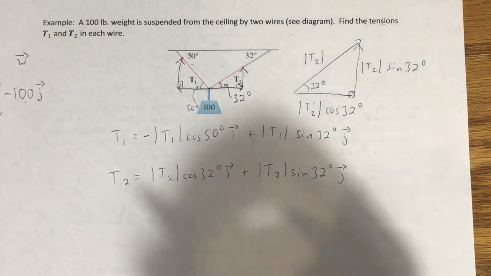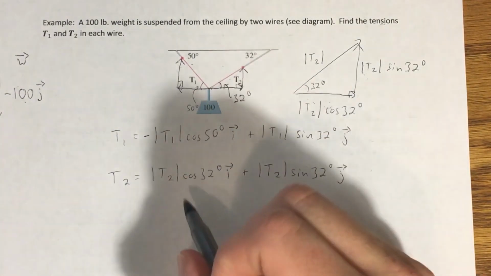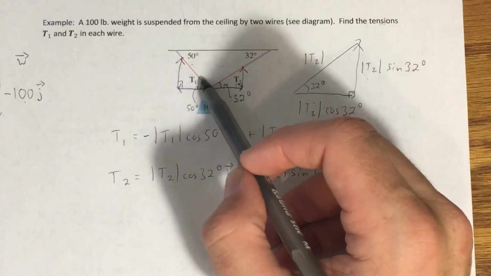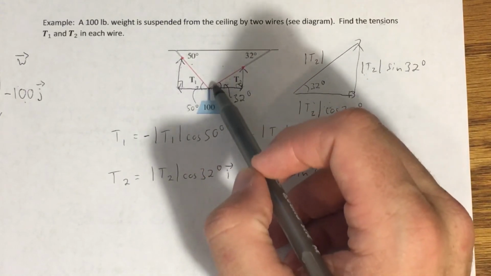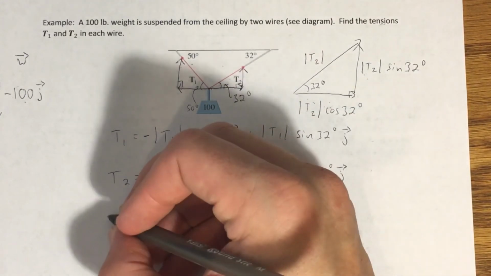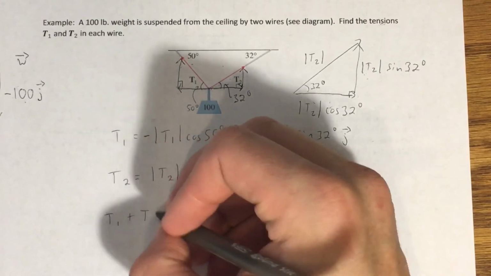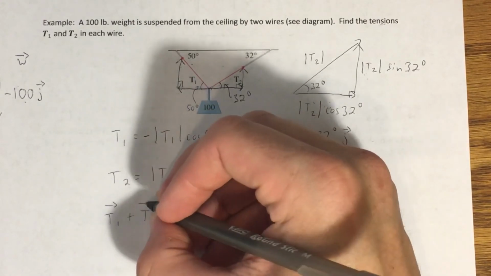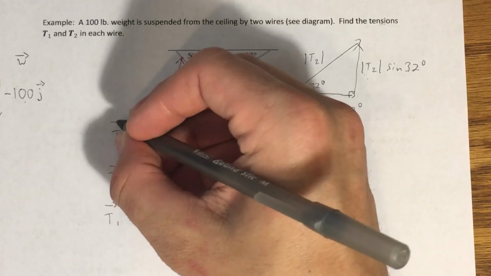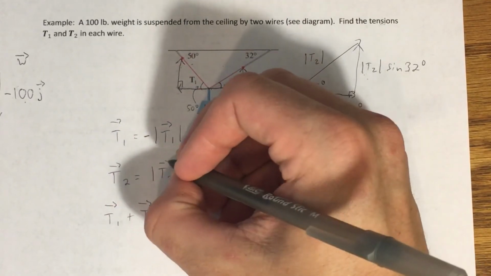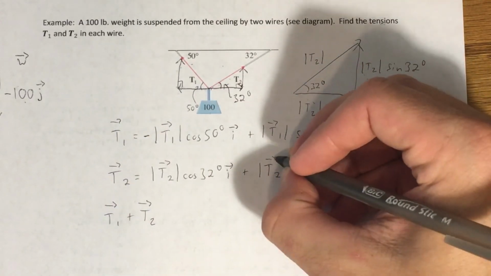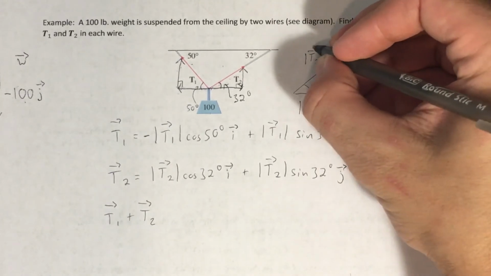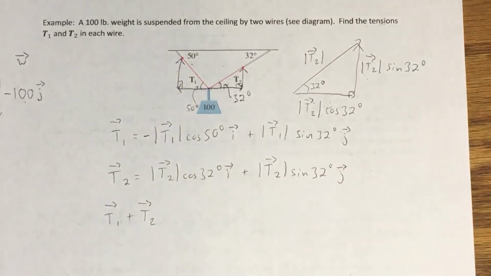Or in other words, if I were to add these two vectors, getting the resultant, remember that represents like the net force on these wires being exerted on this weight, T1 plus T2, I should be using these arrows also because I can't do bold, huh? So let me write all those in. There's a lot of them. Little arrows everywhere, okay?